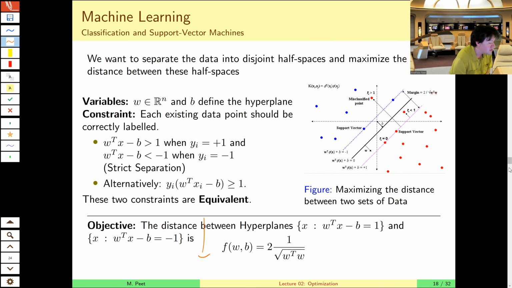Basically we're going to get rid of the if logic by using the binary nature of the labels, so plus 1 and minus 1. We want this to be greater than 0, or 1 in this case, when yi is plus 1, and we want it to be less than 0, or less than negative 1, when yi is negative 1.